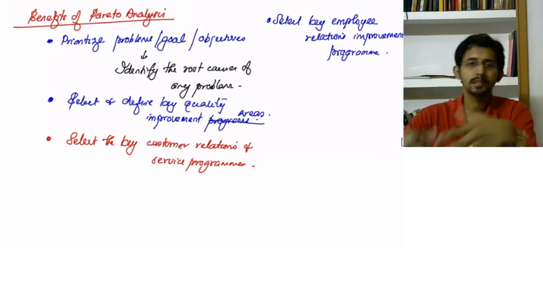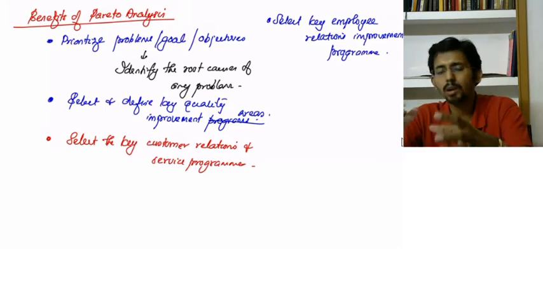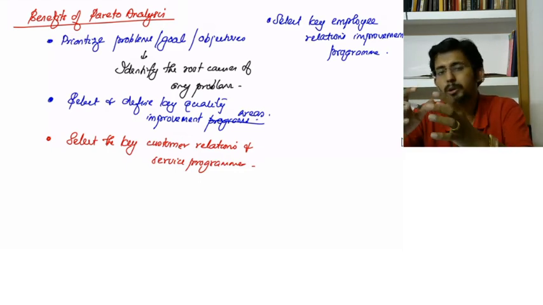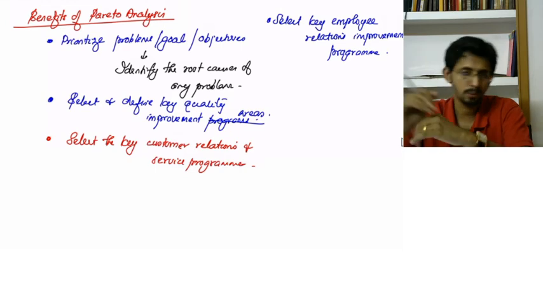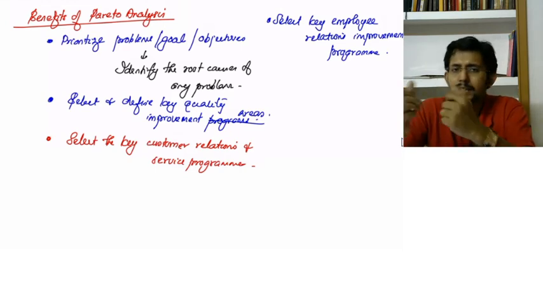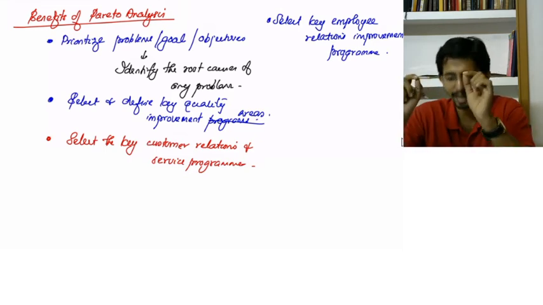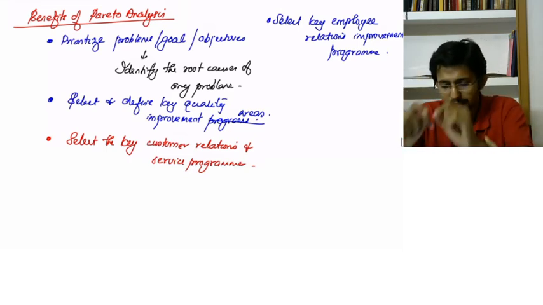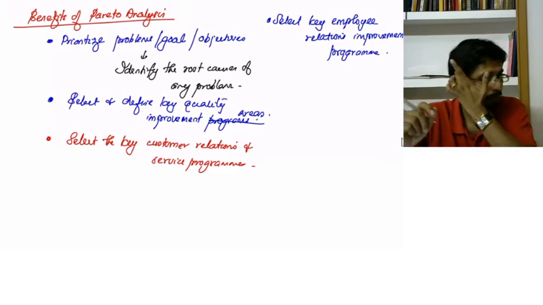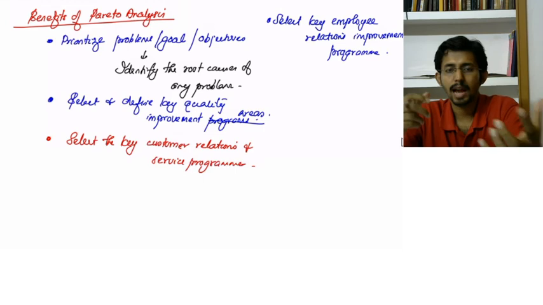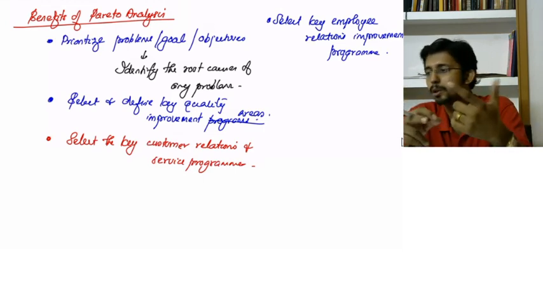You have 1,000 employees. Out of the 1,000 employees, 20% will be the employees who are contributing to 80% of the value within the organization. So identify them, pick them, recognize them, concentrate on them, focus on them, train them. So you can select the key employee relations improvement programs. Improving the key employees and programs for that should be your objective.